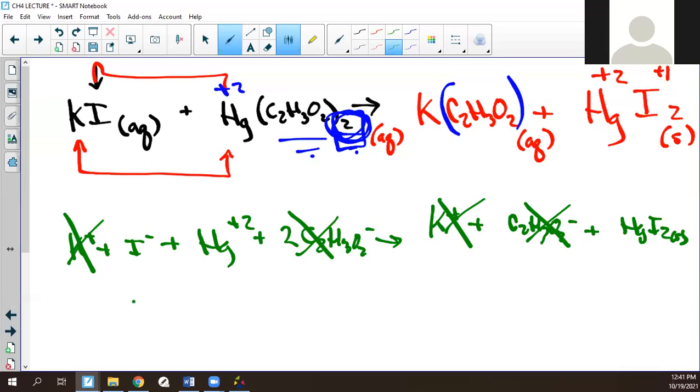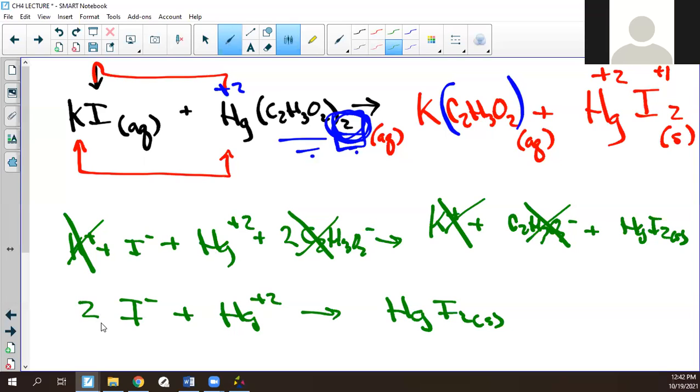I- plus Hg2+ goes to HgI2 solid. Now, is that balanced? It's not balanced. So what do I need to fix in the net? I just need a 2 right here, right?